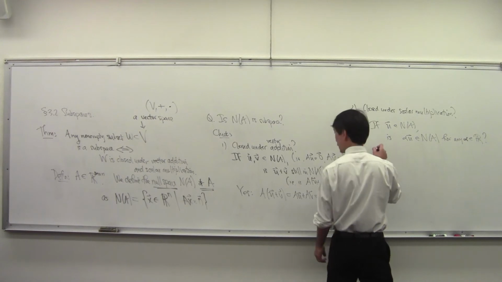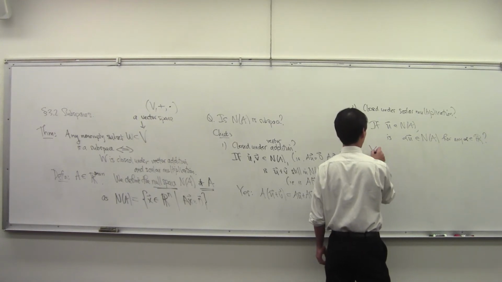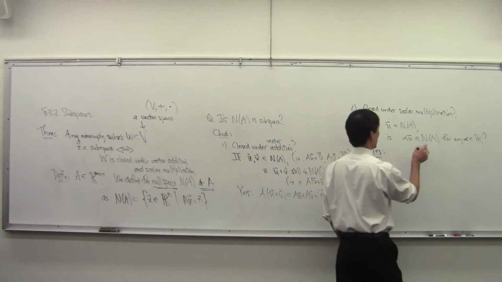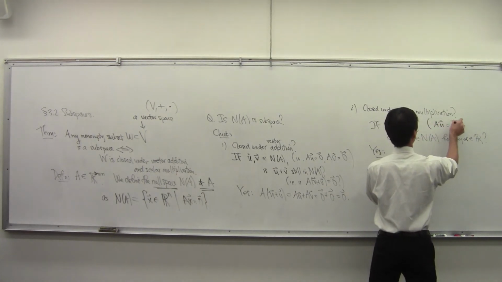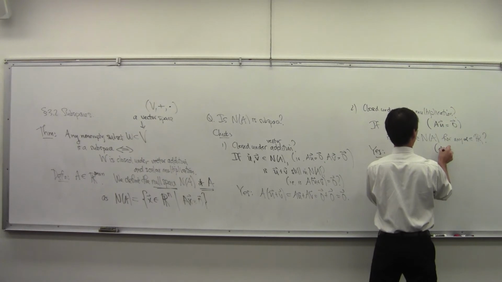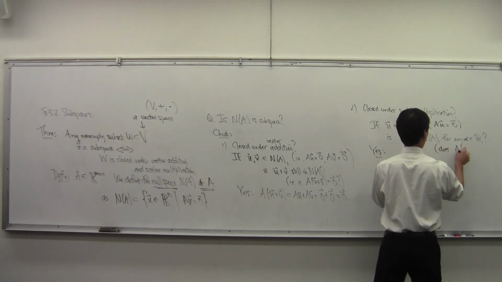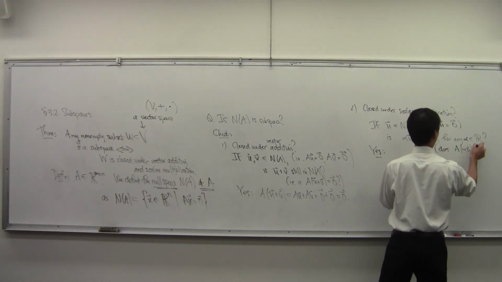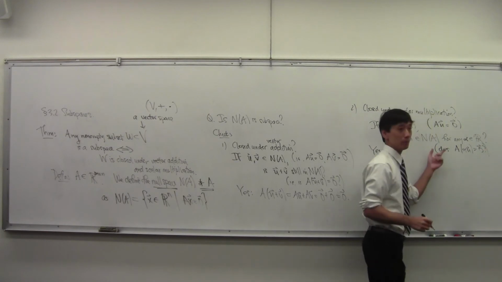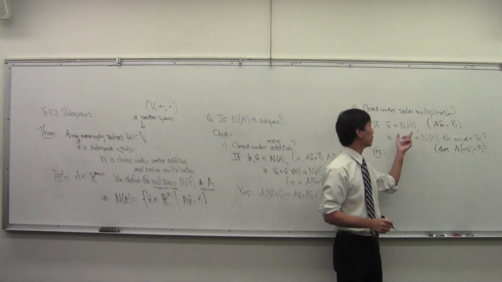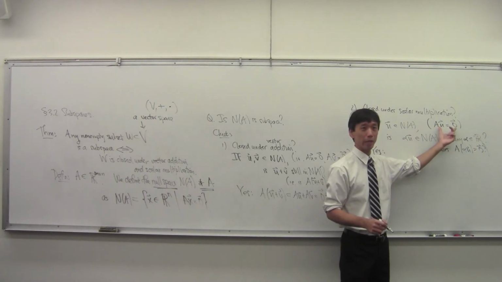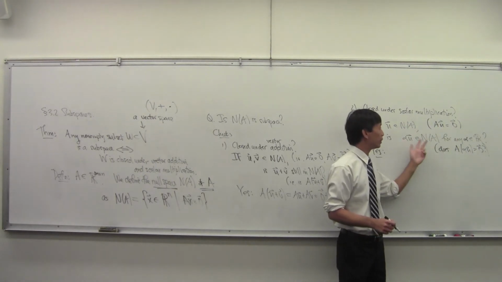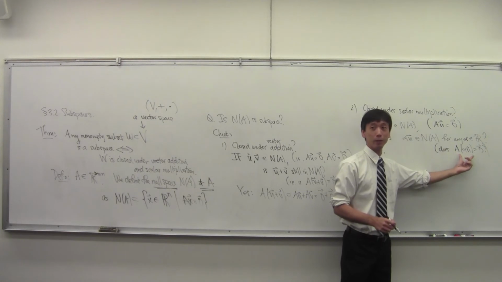So the answer is yes, right? The question is, if AU equals 0, does A alpha U equal 0? That's what this translates to. If U is in the null space, in other words AU equals 0, is alpha U in the null space? In other words, does A alpha U equal 0?